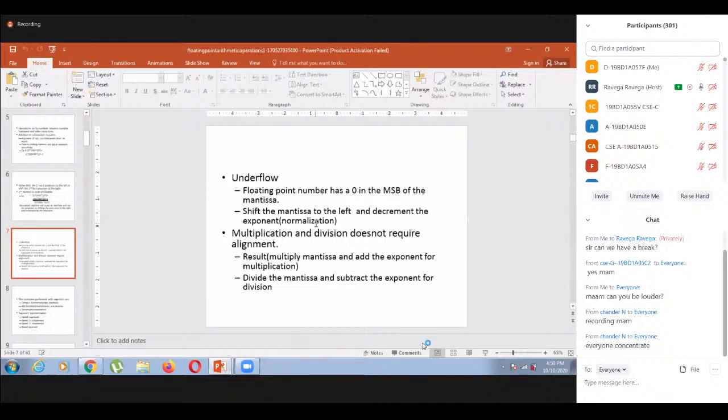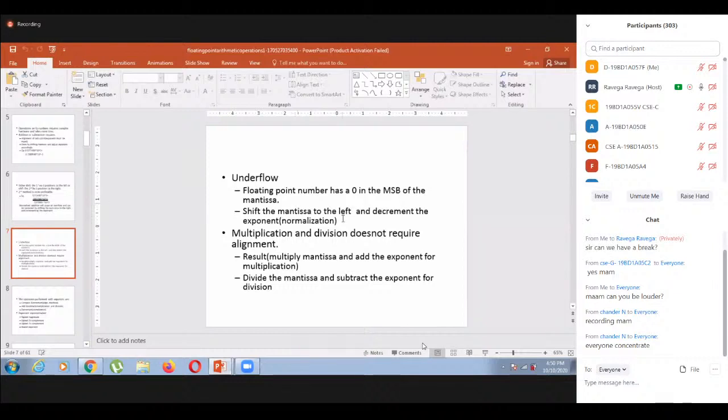In arithmetic operations, in addition, what occurs? Overflow occurs. So how do you overcome the overflow? By shifting some bits to the right and incrementing the exponent value. That is the first one.